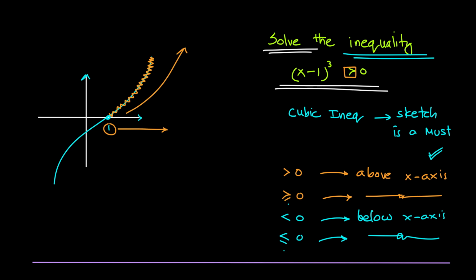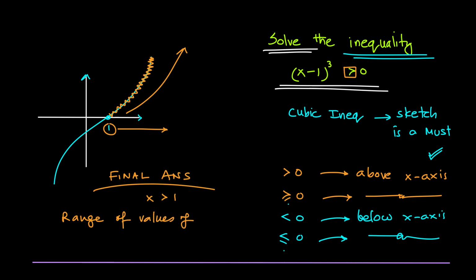I would be fulfilling the criteria, that is going above the x-axis. So the final answer from the graph is x is greater than 1. This is the range of values of x for which this inequality is true.